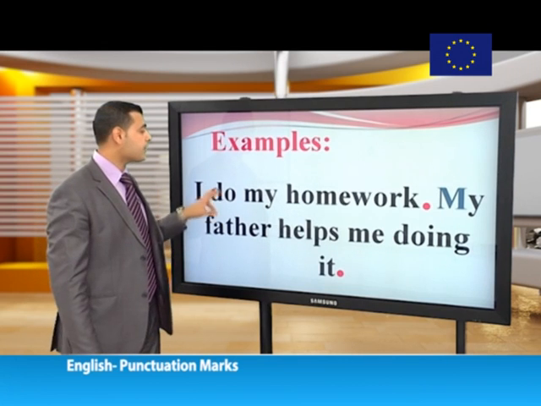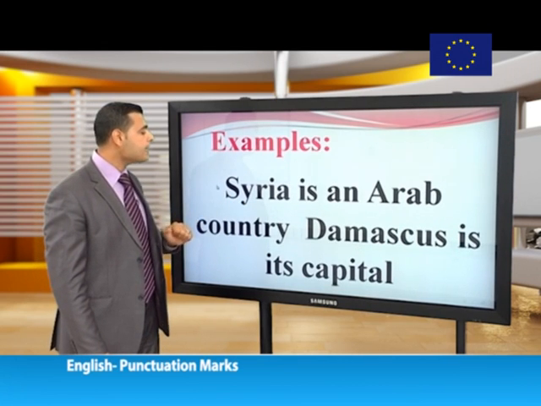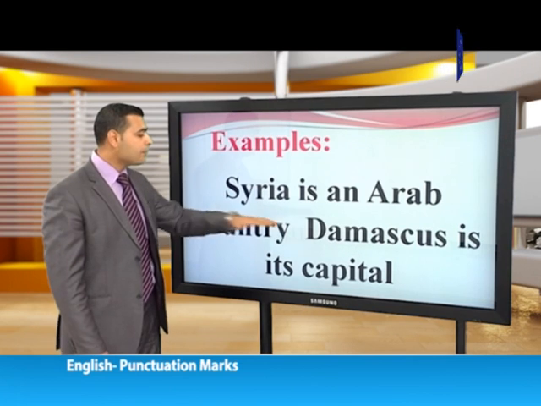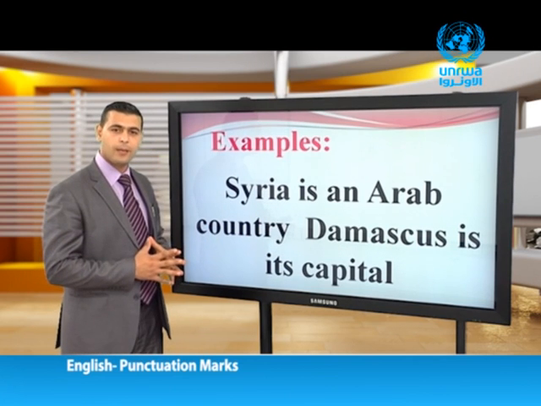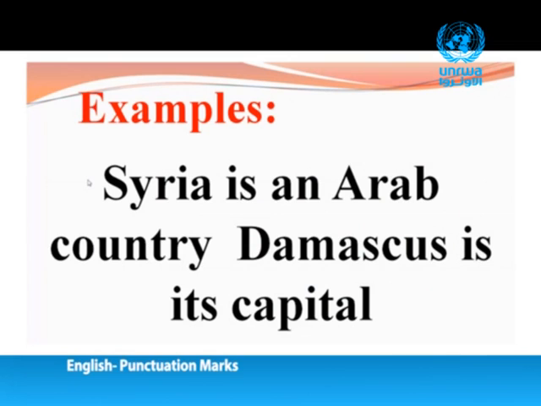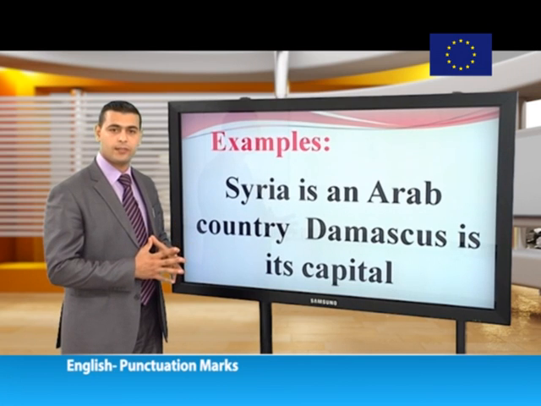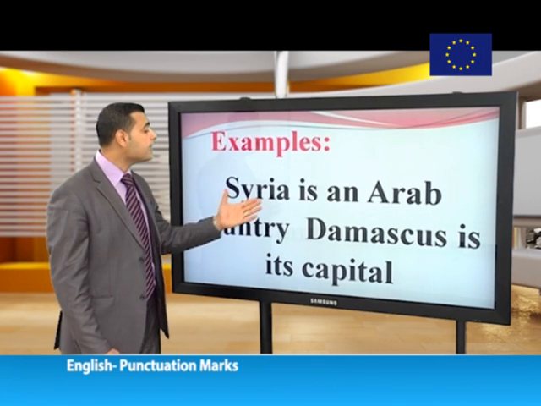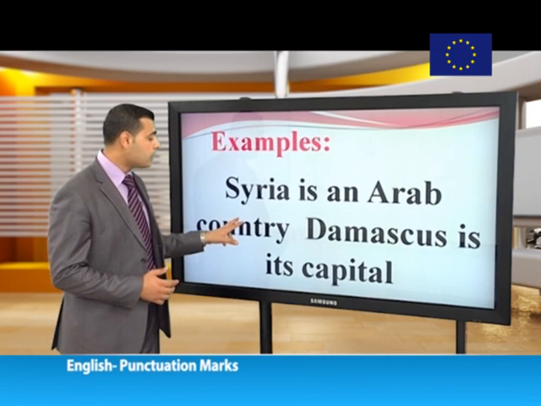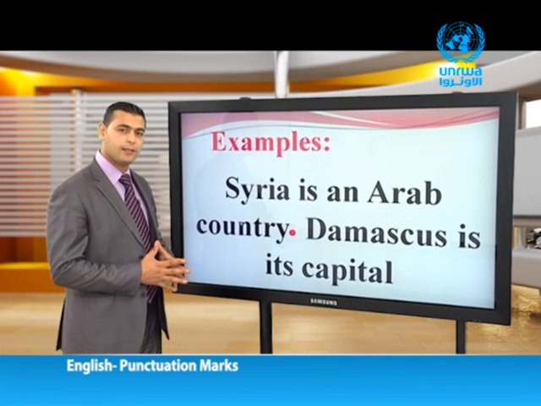Alright, let's move to the next example. Syria is an Arab country. Damascus is its capital. As you see, dear students, here we have two complete ideas. In the first idea, Syria is an Arab country, we need to use a full stop at the end.